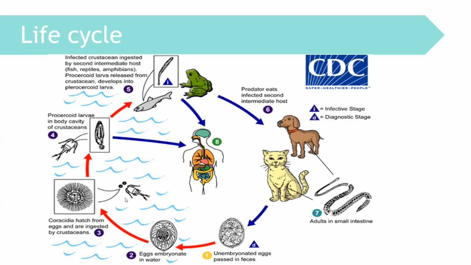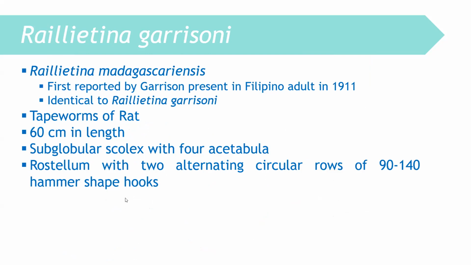Take note, guys, that the procercoid larva will develop into the plerocercoid, which is also considered as the infective stage, almost similar to Diphyllobothrium latum.